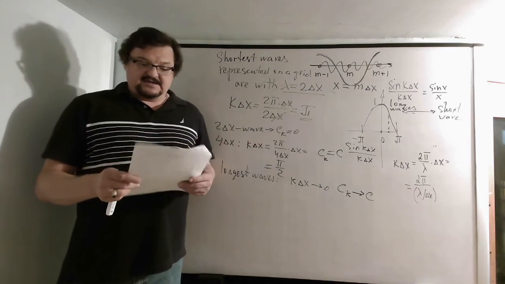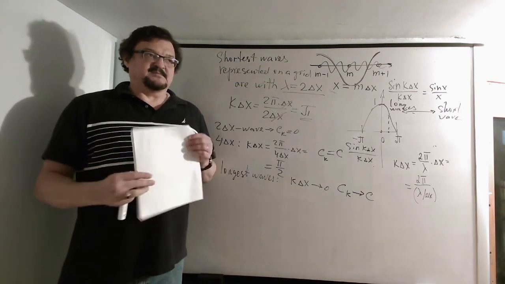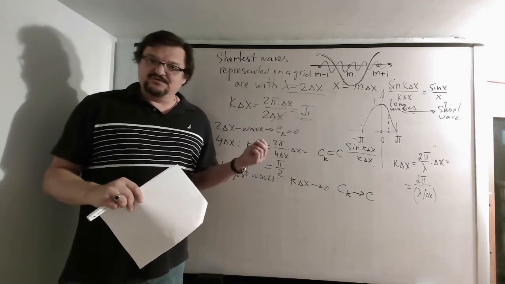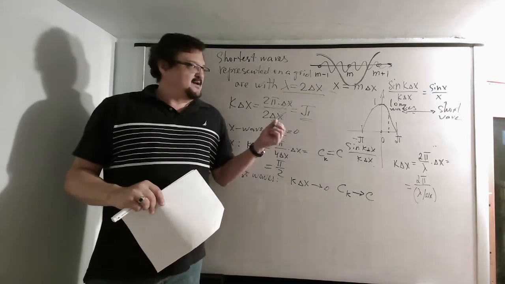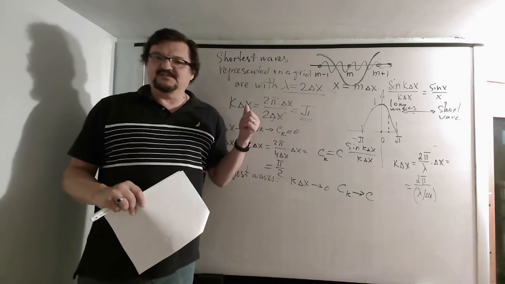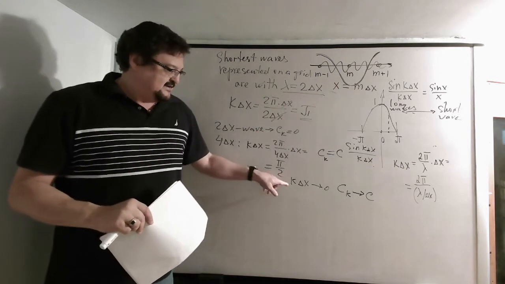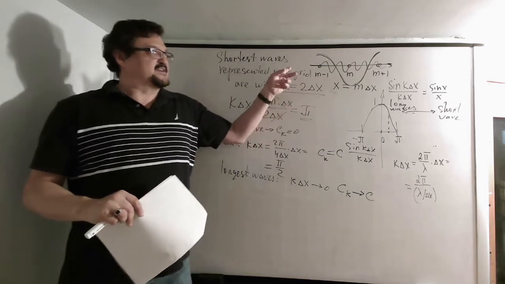And this is why you need to actually resolve phenomena with as many grid points as possible. When you have many grid points, your wavelength contains many grid cells.